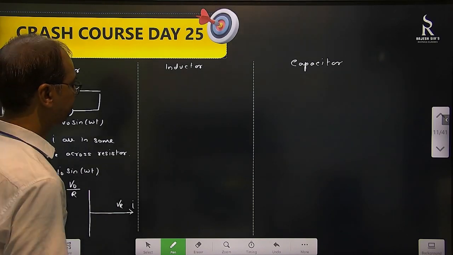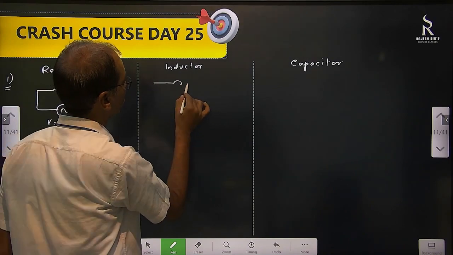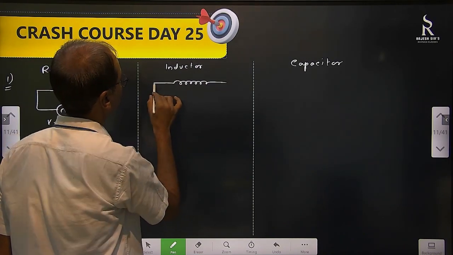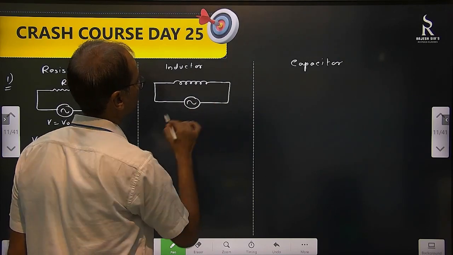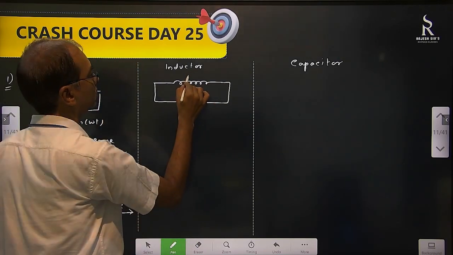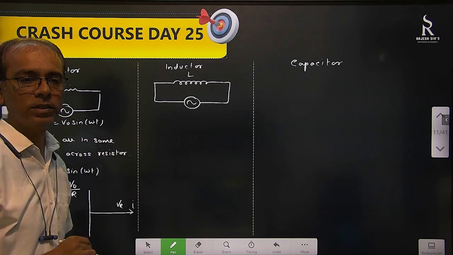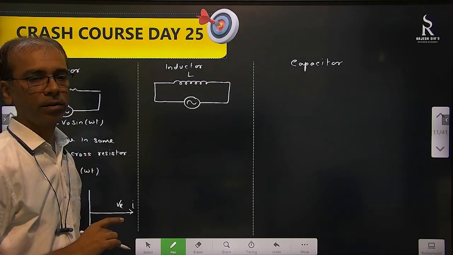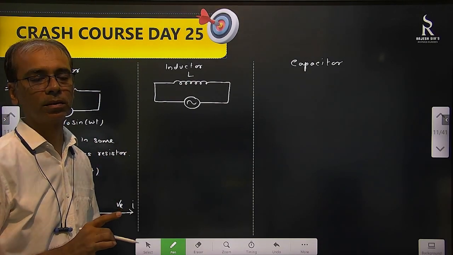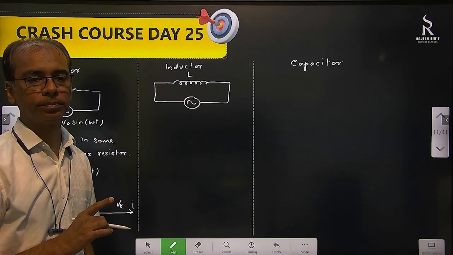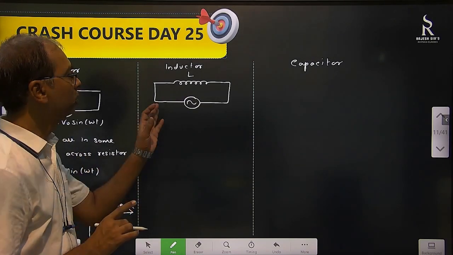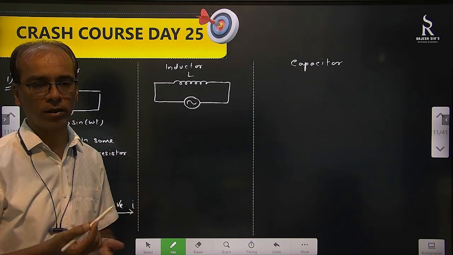Inductor. In inductor's case, phase changes here. In inductor, potential drop across inductor leads the current, because we know that inductor actually opposes the change in current.